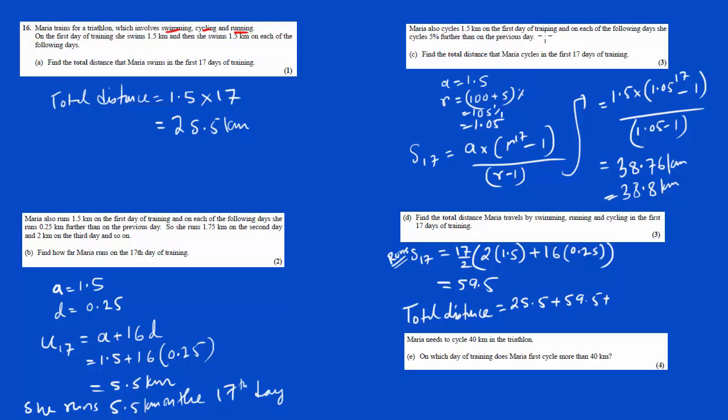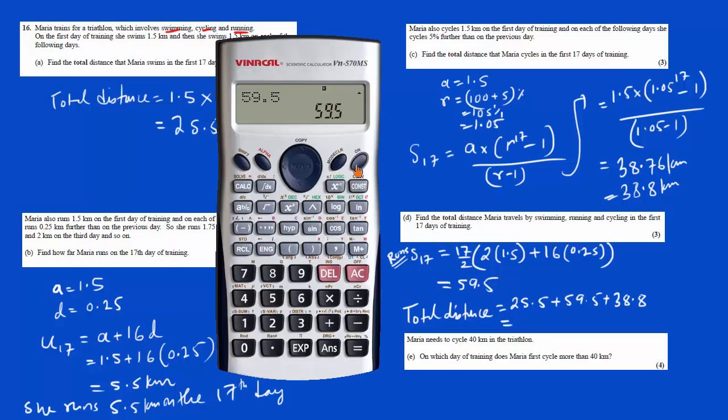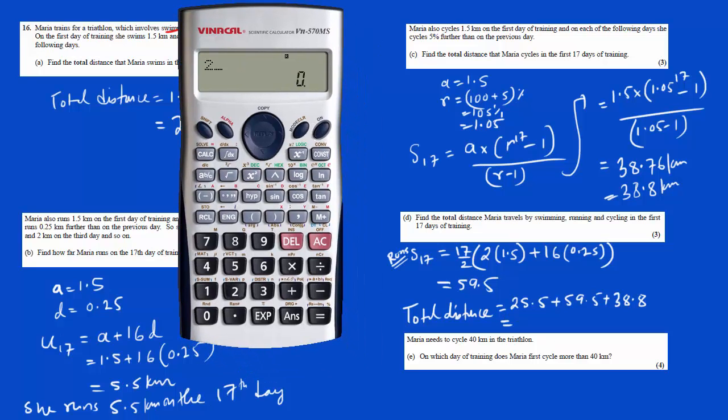And then we have training for cycling, which is 38.8. If we add it all up, 25.5 plus 59.5 plus 38.8, that is 123.8.